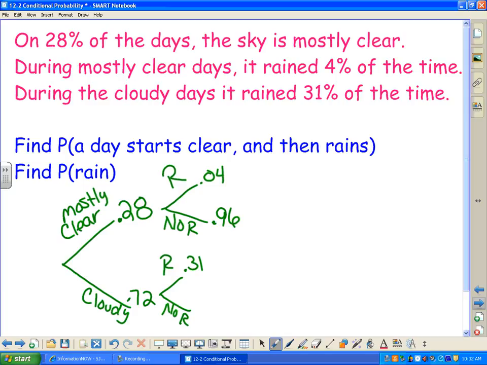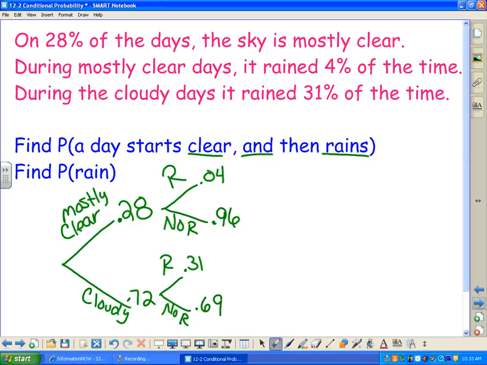That means no rain, okay, 69%. Okay, so the first one says, find the probability that a day starts clear and then it rains. It's clear and then it rains. Is this a conditional probability? No, we just have the probability that it's clear and rains.